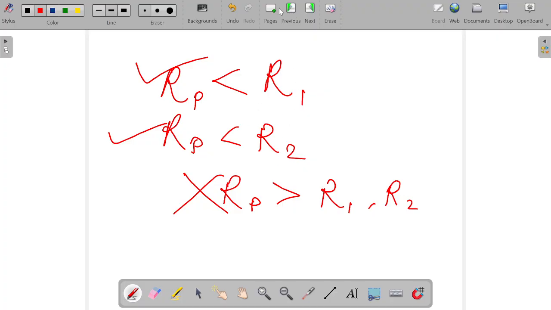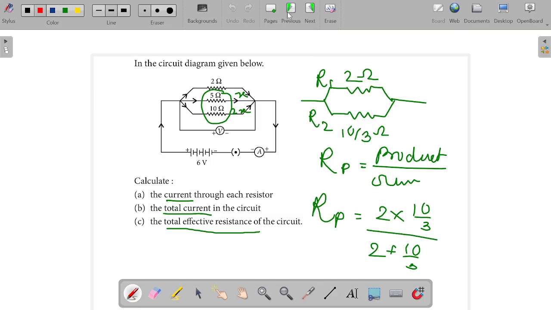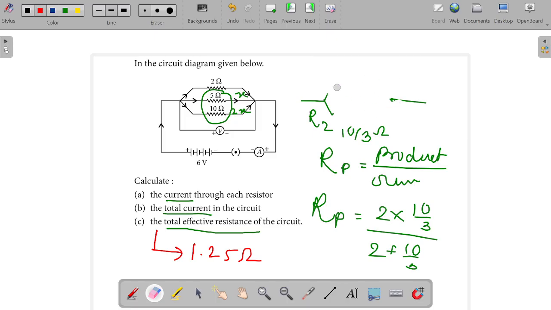So this is actually the third answer we found for the total effective resistance. It is 1.25 ohm. And if you get this value, it means this circuit will be replaced by a resistor having a value of just 1.25.